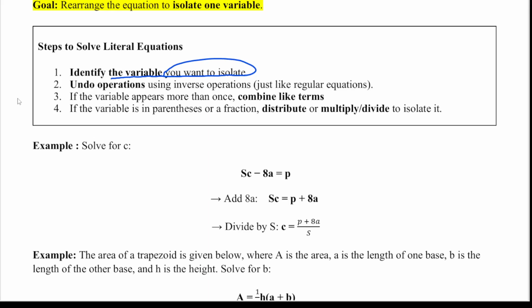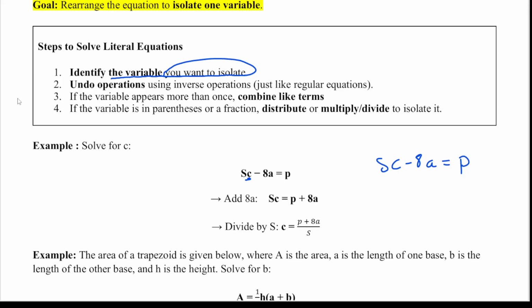There's a written illustration here of how we would solve for C in this case, where we would say, okay, we want to get C by itself, so we're going to add a to both sides, and then we're going to divide by S. We actually could take the same equation and solve for A instead. Why not?